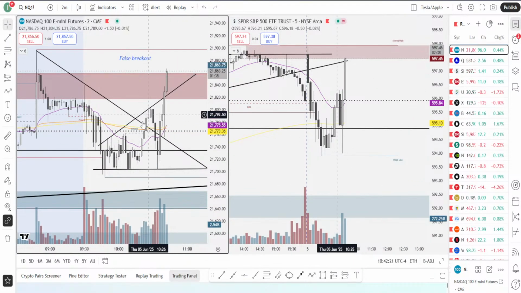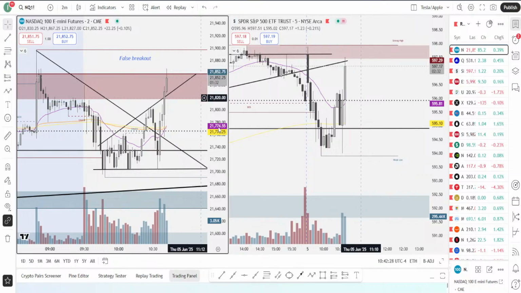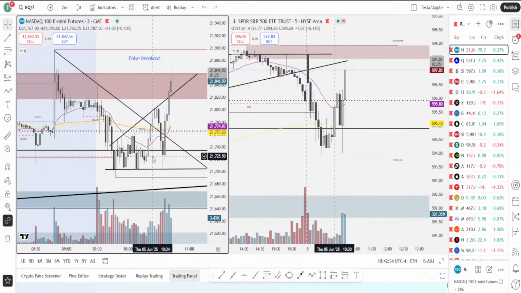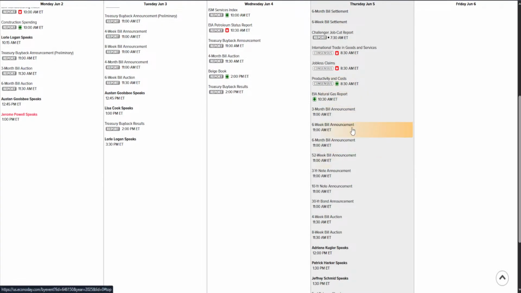So we broke the downtrend that we had. Now we broke it. That's the pullback and retest. That thing ripped. What are they saying, dude? That's not even any news right now.